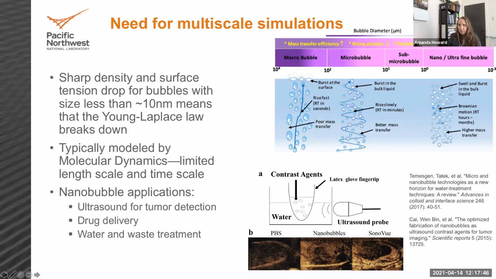So here, researchers put their finger in water, and the water either had nothing in it, or nanobubbles, or SonoView, this traditional contrast agent. You can see that without anything, looking at someone's fingertip here, the ultrasound is a little bit blurry, and you get higher contrast with the nanobubbles, and it's actually the same as these commercial ultrasound contrast agents.